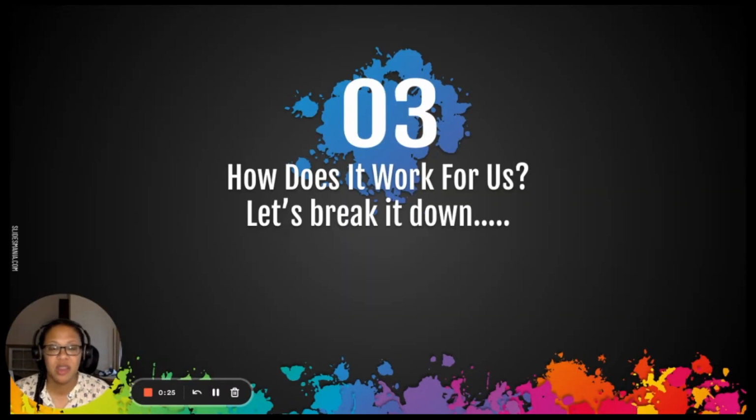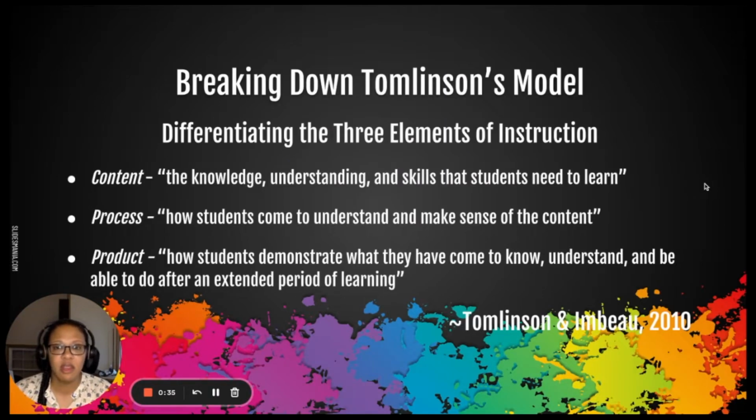All right, so jumping right in, how does it work for us? Let's break down Tomlinson's model of differentiated instruction. The three elements of instruction that Tomlinson focuses on differentiating are content, process, and product.